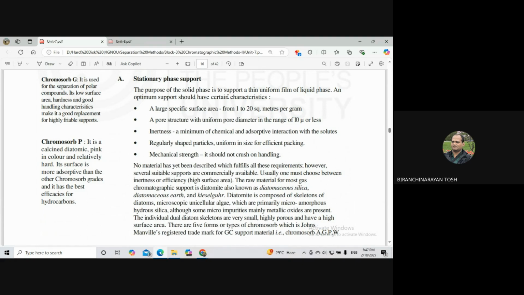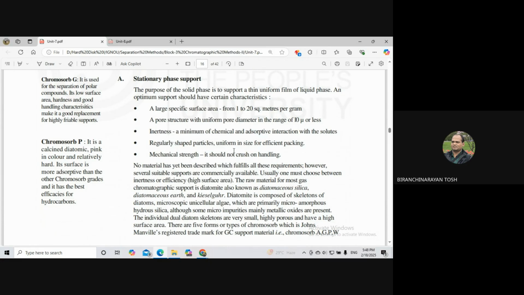The purpose of the solid phase is to support a thin uniform film of liquid phase, and an optimum support should have these characteristics: a large specific surface area from 1 to 20 square meters per gram, a pore structure with uniform pore diameter in the range of 10 microns or less, inertness, that is a minimum of chemical and adsorptive interaction with the solutes.